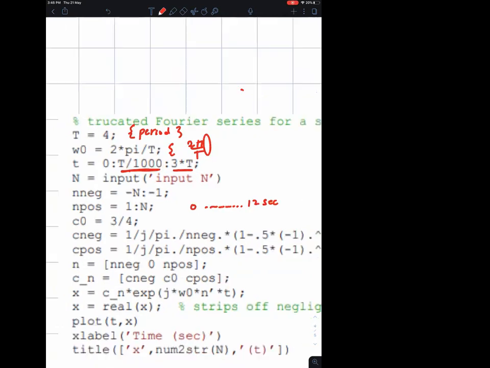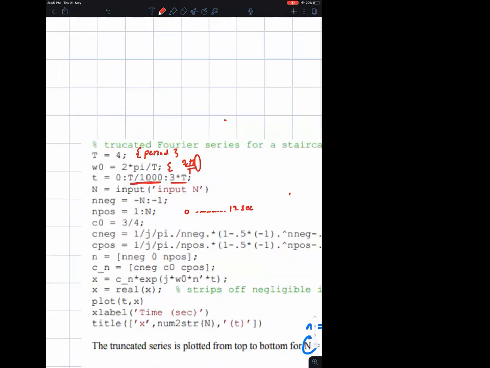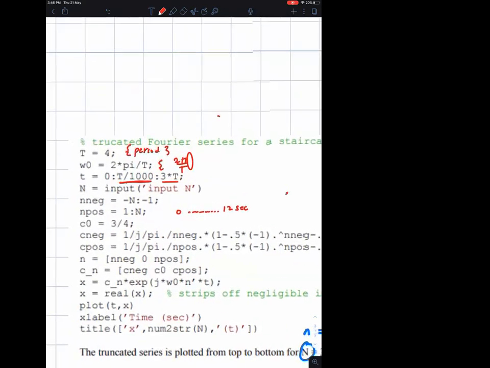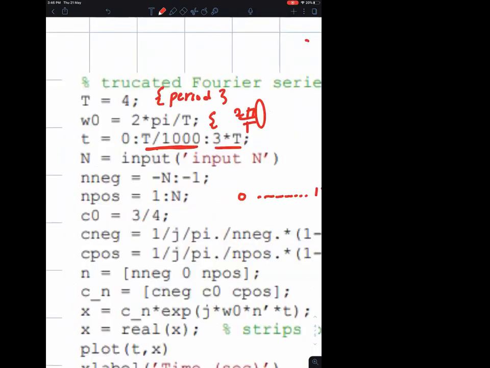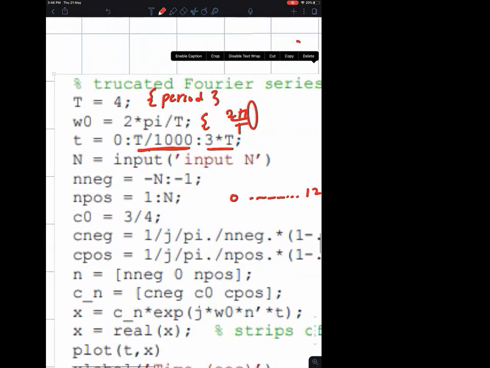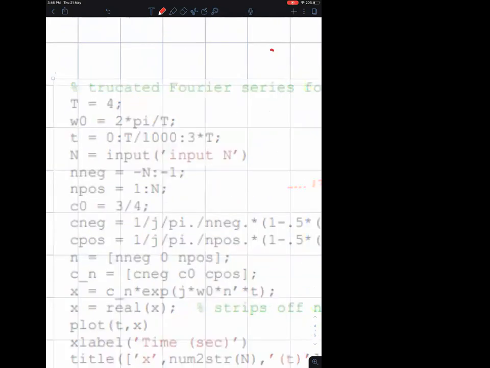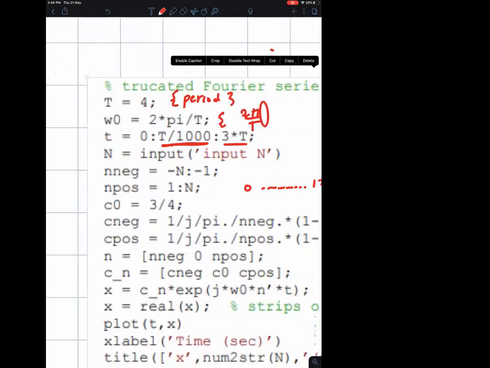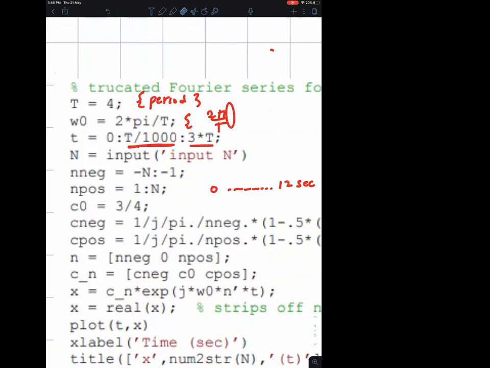So the program is just this, and then the end post, I really don't know what that is, but you can always figure it out. DC is here. I myself am not really very good in MATLAB.